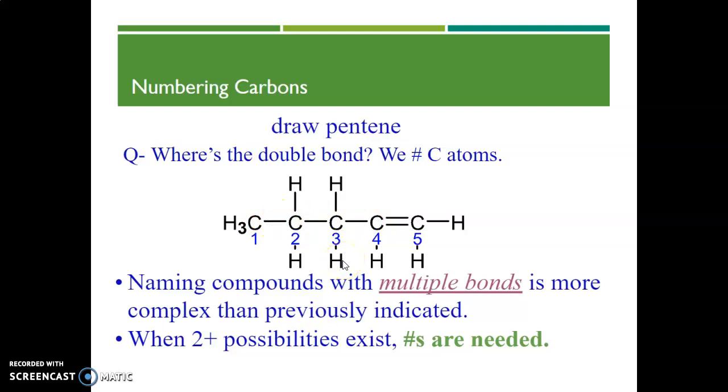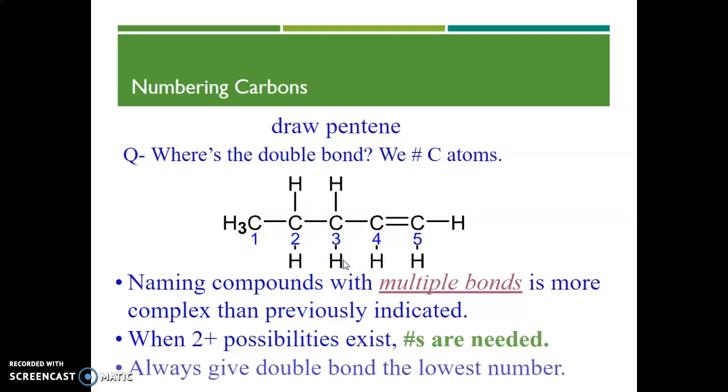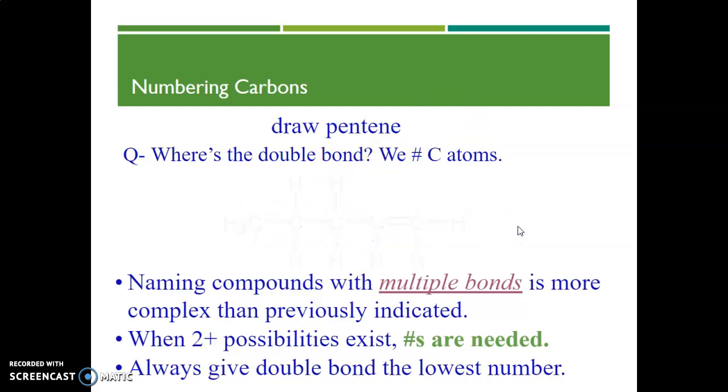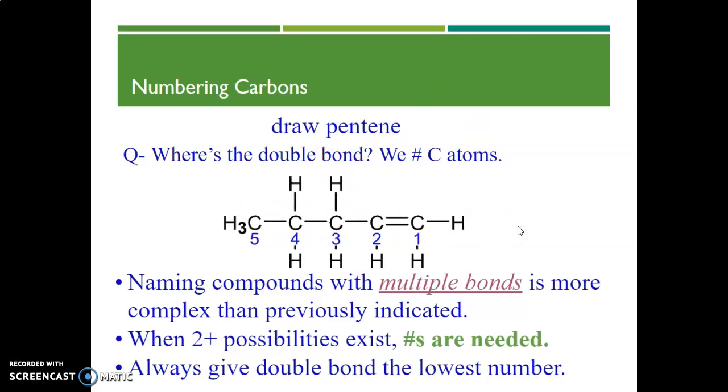The nice thing, though, is that when you are doing this, you always want to make sure that your double bonds or your break in the chain, or whatever the functional group or what have you, has the lowest possible number. So instead of counting the way that we've done 1, 2, 3, 4, 5, I think counting the other way to ensure that my double bond gets the lowest possible number makes a little bit more sense. 1, 2, 3, 4, 5.